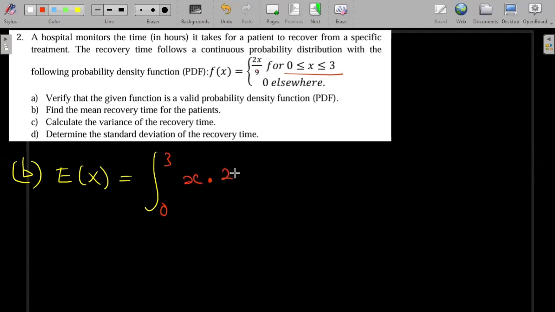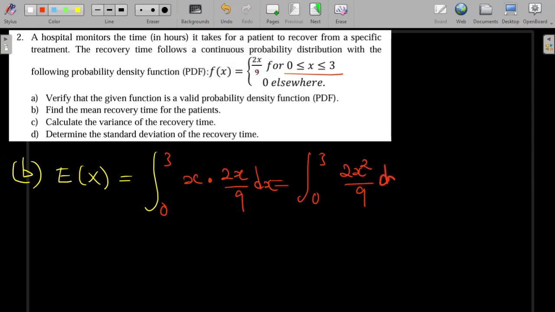The function is 2x over 9. So I have the integral of 0 to 3 of 2x squared divided by 9, and you're supposed to put dx.